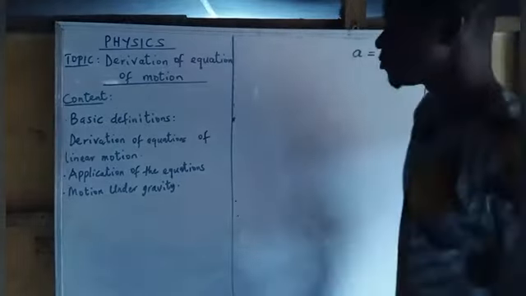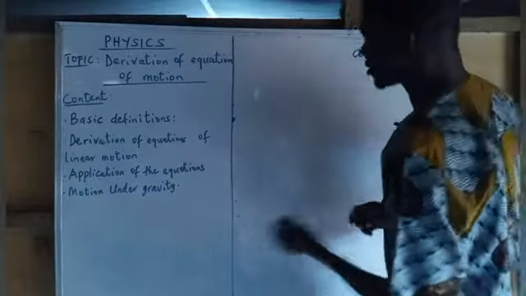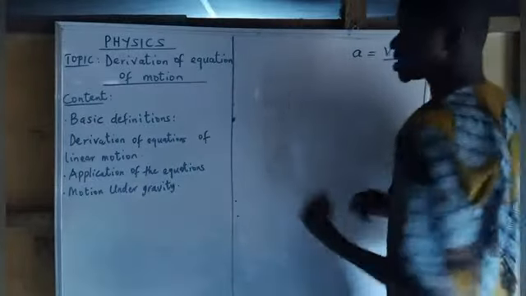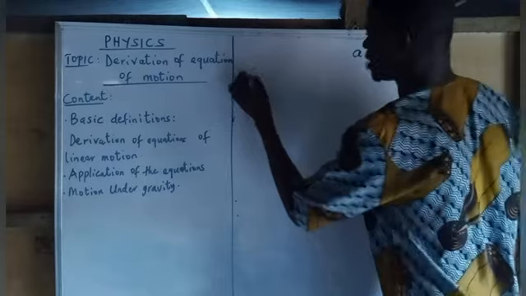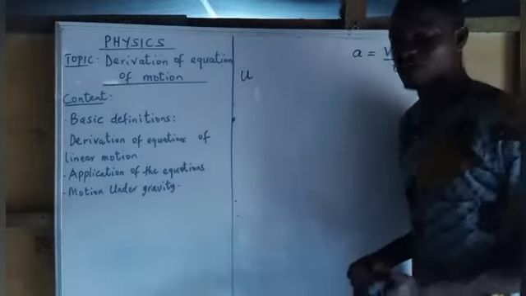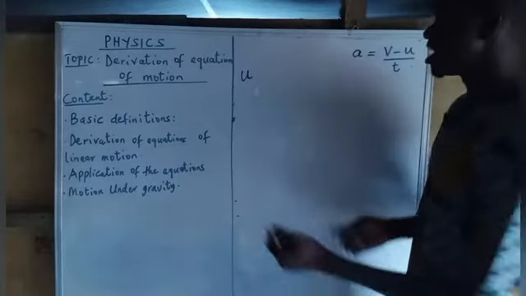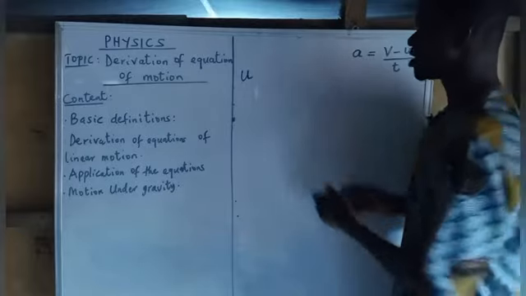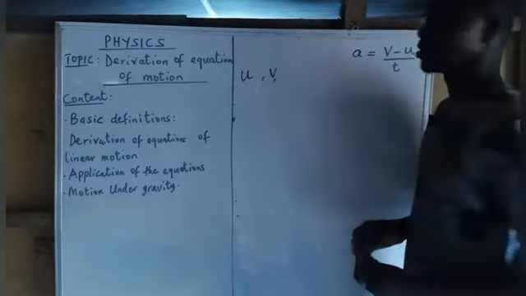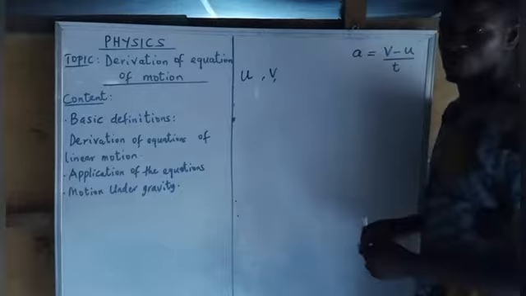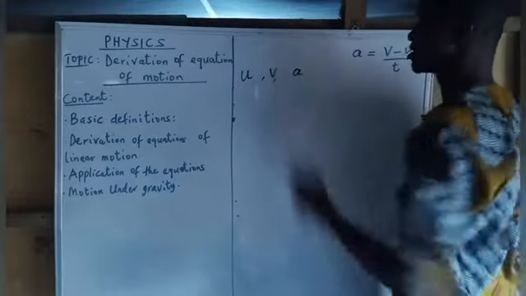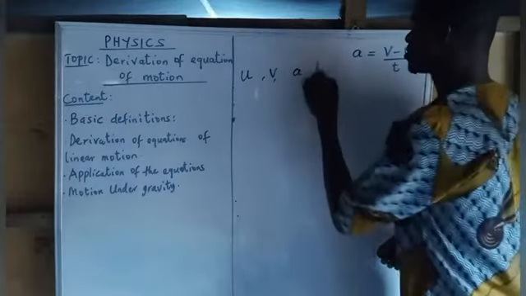Now, let's say a body starts from rest, with initial velocity u, are you with me? And travels with a velocity v in a specified direction with acceleration a and in a time t.